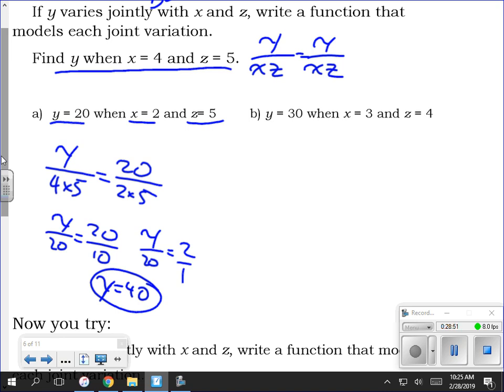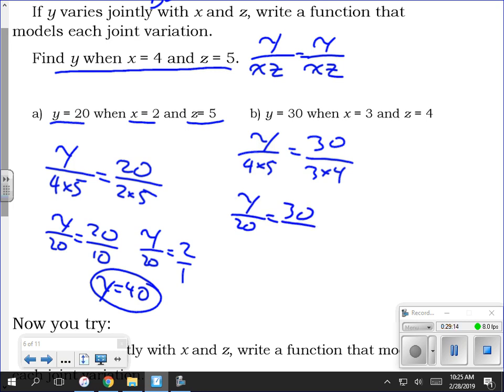Okay. So same setup on the next one. First half is still the same on this particular problem. So I have y over 4 times 5 is equal to 30 over 3 times 4. And then I want to try to clean it up. Y over 20 is equal to 30 over 12.